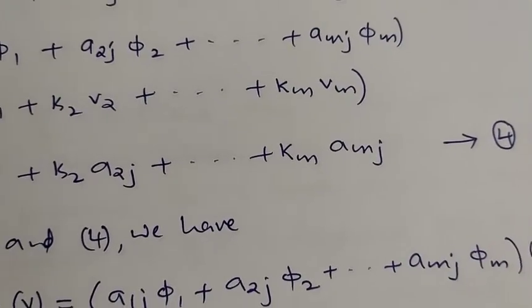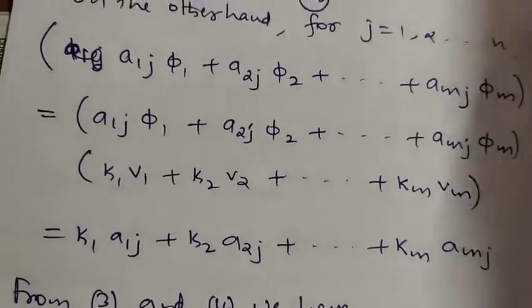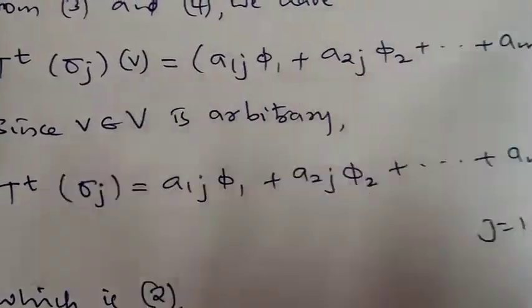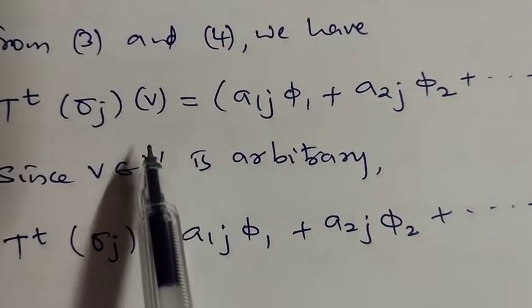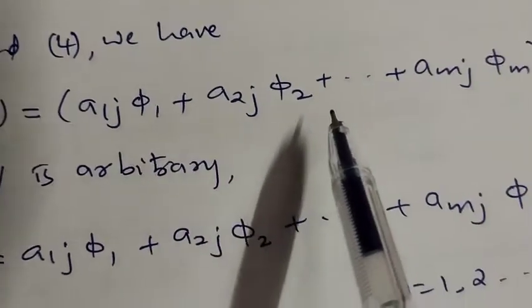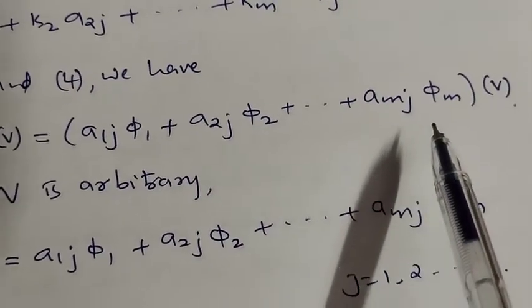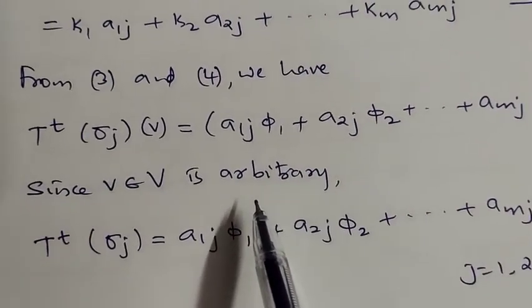Now from 3 and 4 you can see that T transpose of sigma j of v is equal to a1j phi 1, a2j phi 2 etc. amj phi m of v. Now this v is taken to be arbitrary.